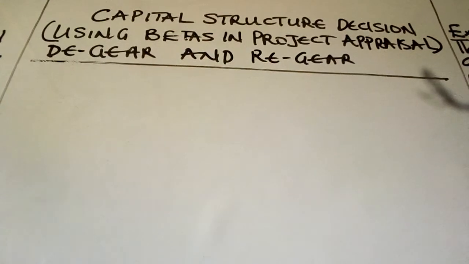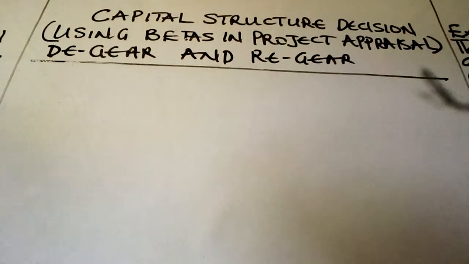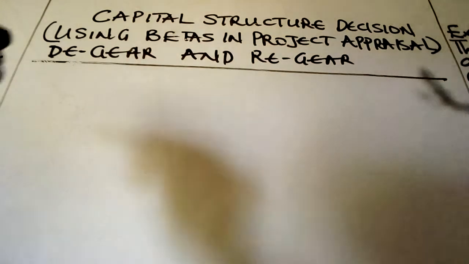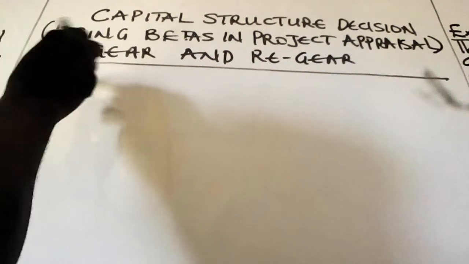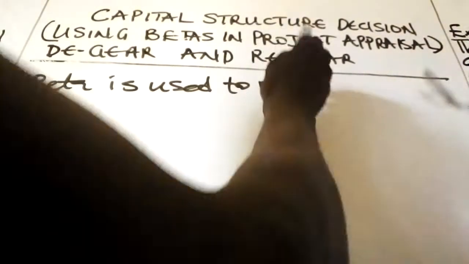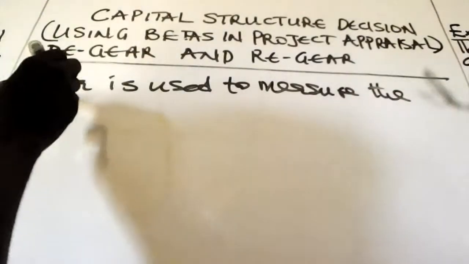So, what do you mean by beta? If you have watched my presentation on capital asset pricing, I said beta is used to measure the systematic risk.